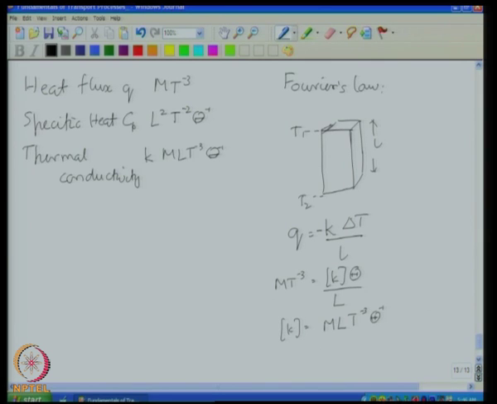Now, one could look at other simple dimensions. For example, acceleration due to gravity has the same dimension as acceleration itself.